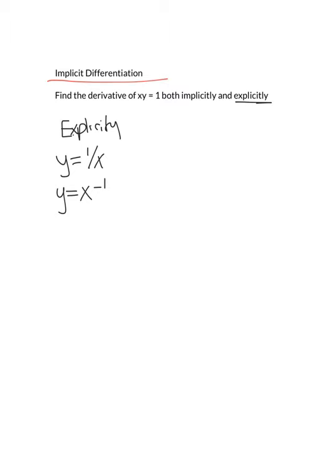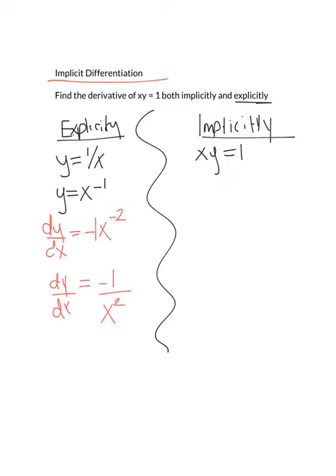Now, if I'm going to derive this, y prime, or dy by dx, is equal to negative 1 x to the minus 2, which is negative 1 over x squared.